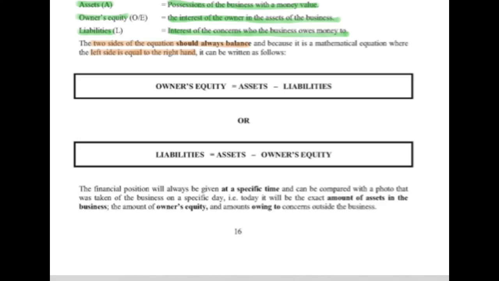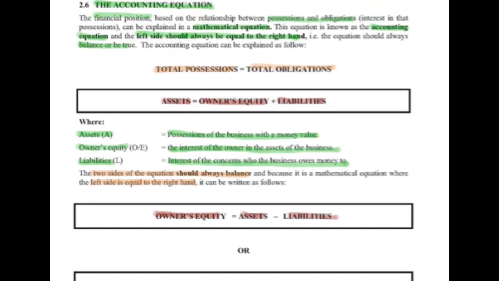So if I want to adapt it, I can always put owner's equity on the left-hand side, and therefore owner's equity will be equal to assets minus liabilities. If we go back, remember, if I take liabilities over to the other side, the plus becomes a minus. So it's assets minus liabilities.